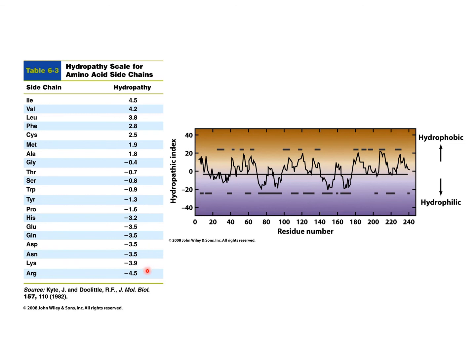This table, which is table 6-3, shows the hydropathy scale for amino acid side chains. The hydropathy of the side chains of all the amino acids has been calculated and listed here.